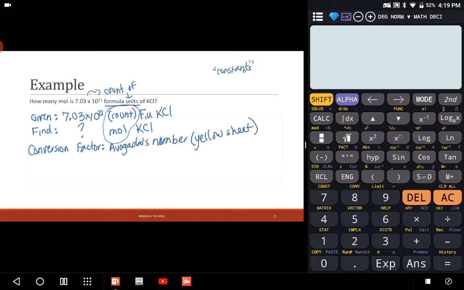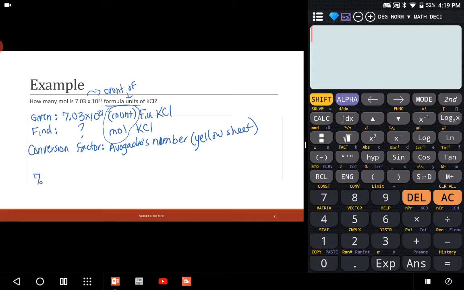And you can access Avogadro's number through that constants. You have to hit the second menu to access it. This calculator app that I'm using doesn't have a similar menu option for that I have found. Just saying, it's available. So let's see, where were we?